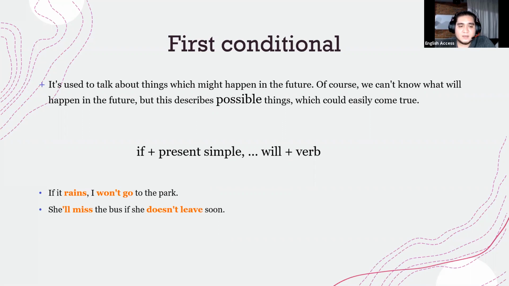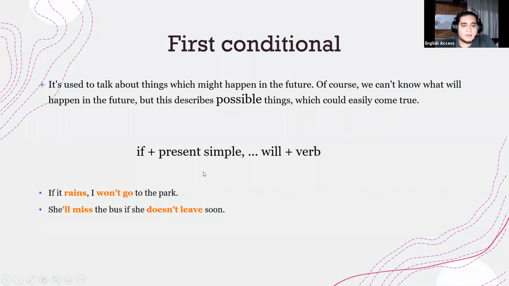All of the rest of the conditionals are hypothetical. Of course, we can't know what will happen in the future, but this describes possible things, things that could easily come true.